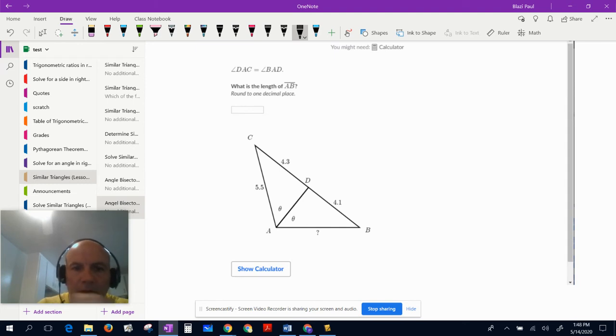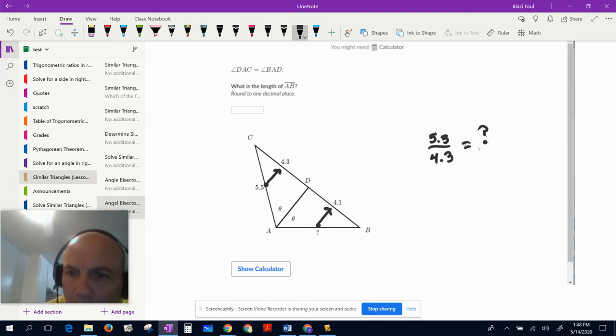All right. So in this triangle, 5.5 is to 4.3 as question mark is to 4.1.